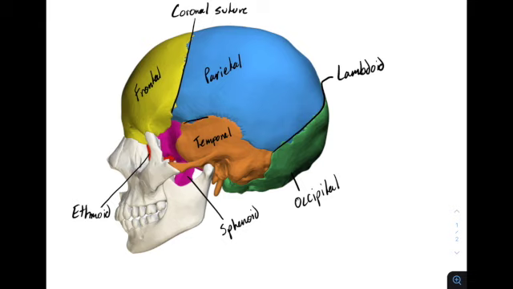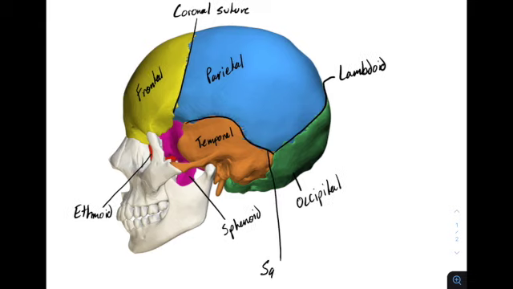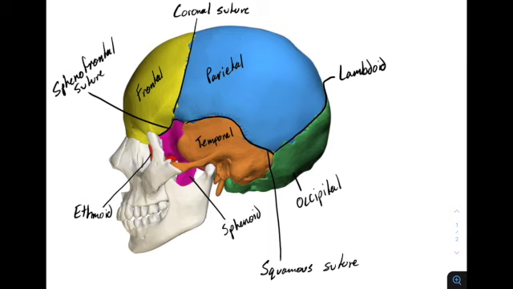The parietal and temporal bones form the squamous suture. The sphenoid and the frontal bone form the sphenofrontal suture. And the parietal bone and the sphenoid come together just here and form the sphenoparietal suture. Also, the parietal bones come together along the midline, just along here, to form the sagittal suture.